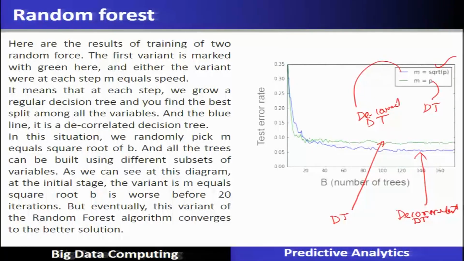So, before 20 iterations, up to this point, the decorrelated decision tree is performing worse compared to the single decision tree.